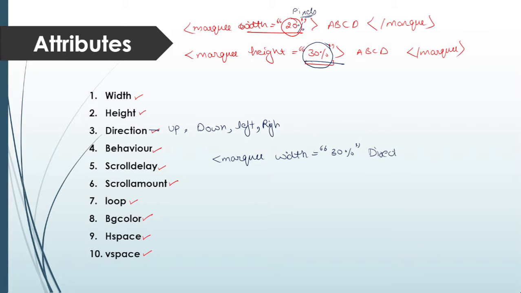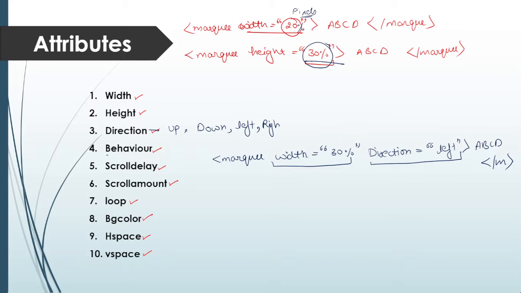Now direction is equals to left, close this, ABCD, whatever you want to write, and close the Marquee tag. This is how we can use multiple attributes together.